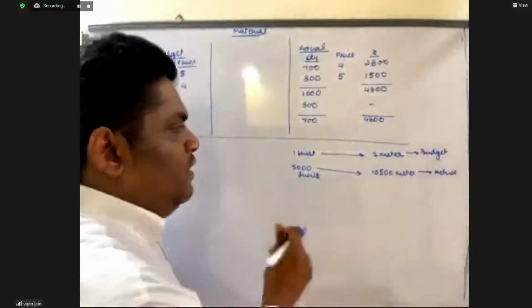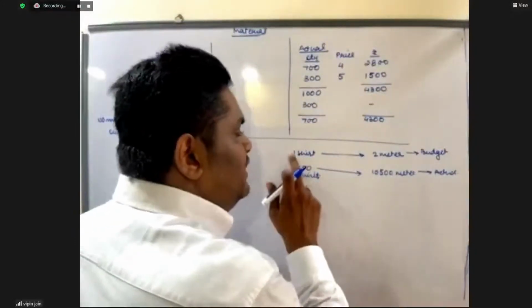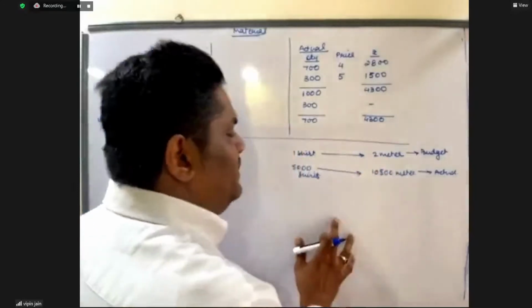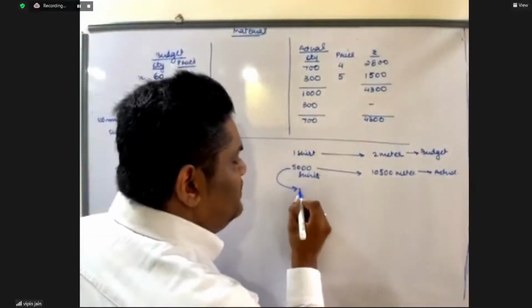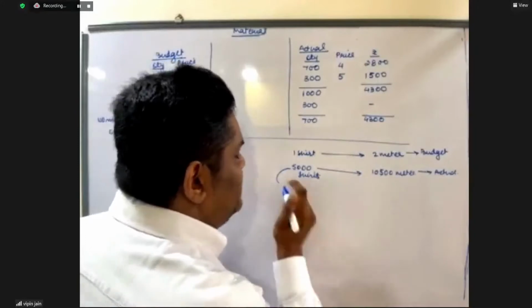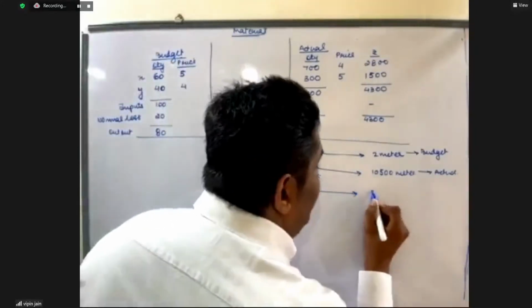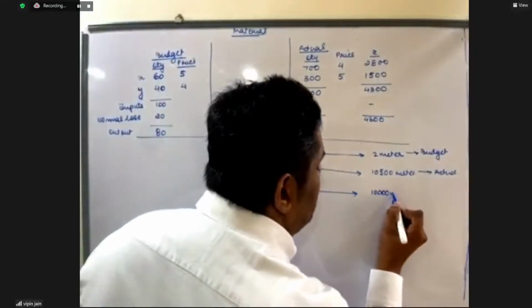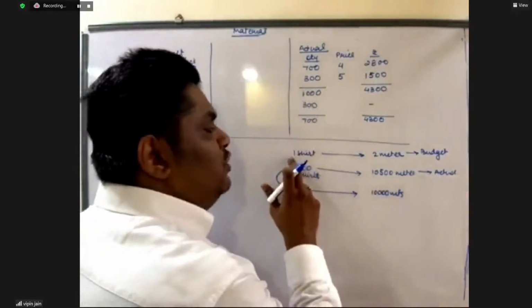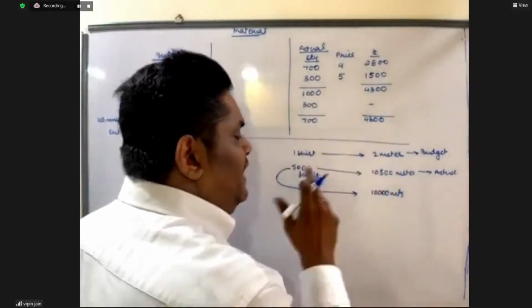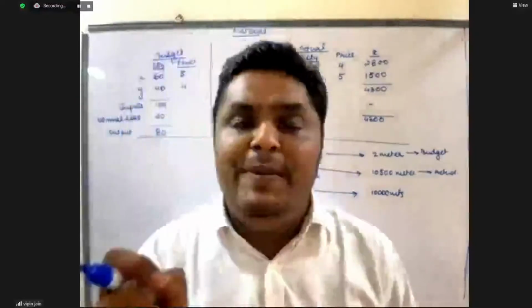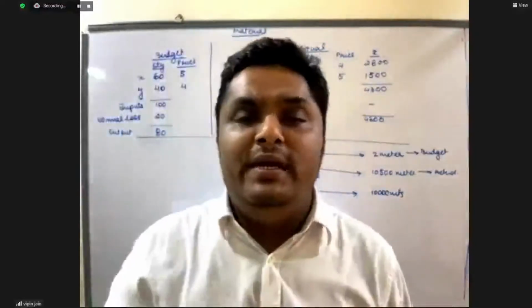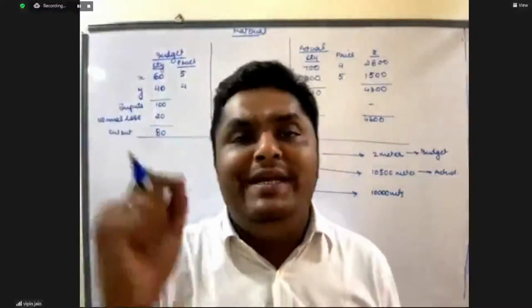So now, how to compare the target set with the actual result? One shirt is to be manufactured using 2 meters. So for 5,000 shirts, the work was to be done in 10,000 meters. One shirt should take not more than 2 meters. It means 5,000 shirts should be manufactured using 10,000 meters. एक shirt में 2 meters लगता है.